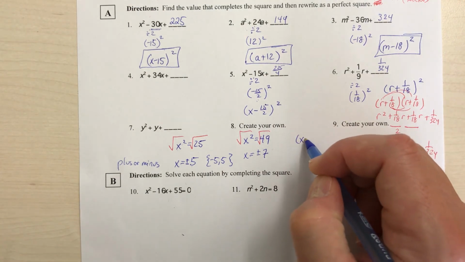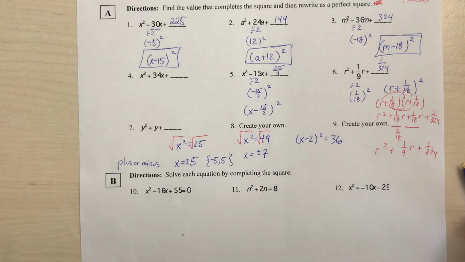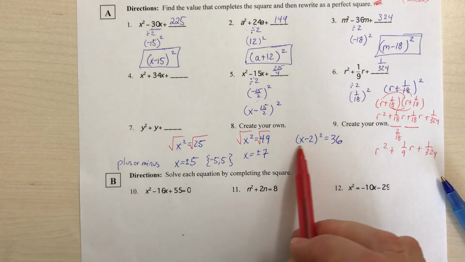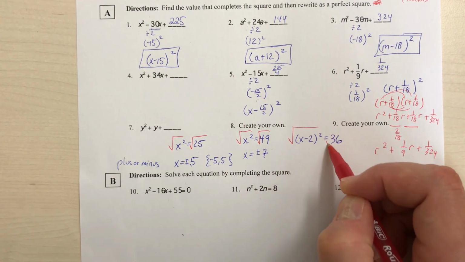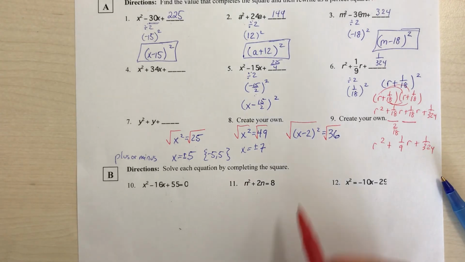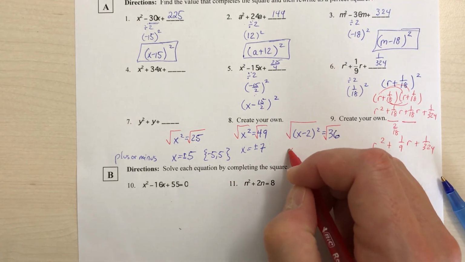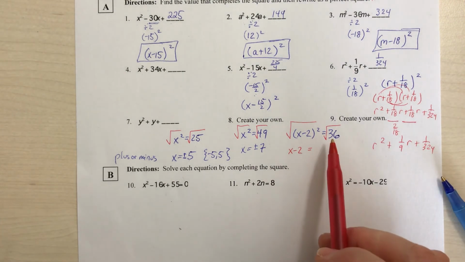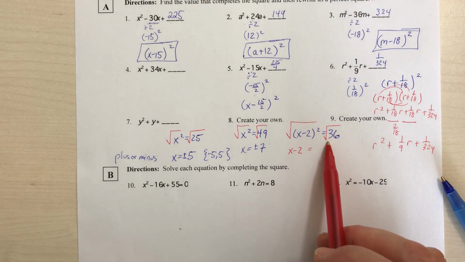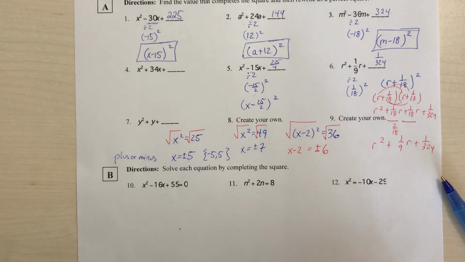What if it was x minus 2 squared equals 36? This is still a perfect square on this side. I can undo a square by taking the square root. Now when I take the square root of x minus 2 squared, what we get is x minus 2. But remember, we have two possible values, positive or negative 6.